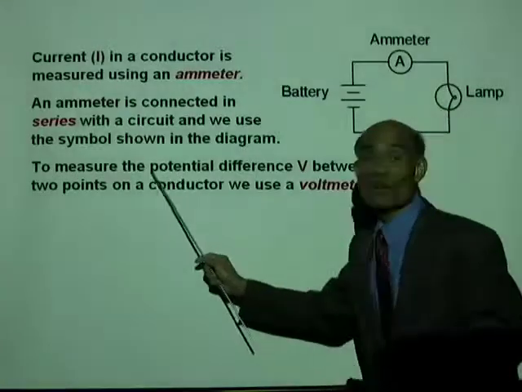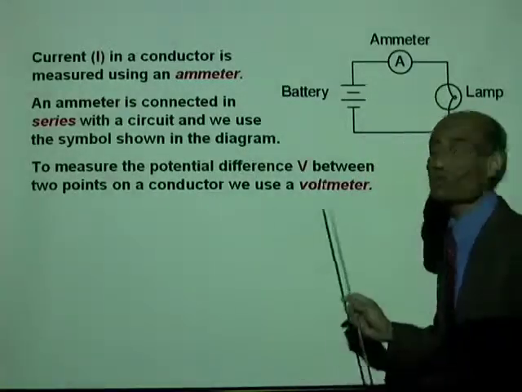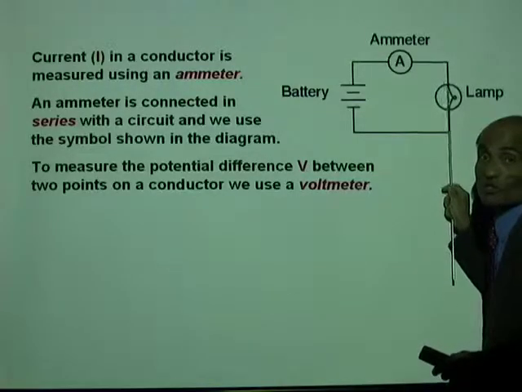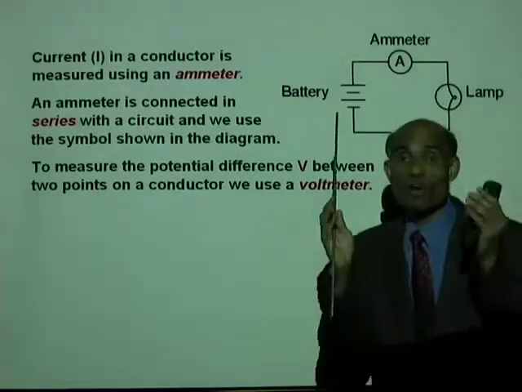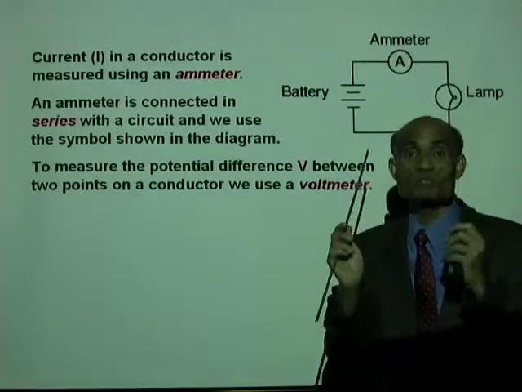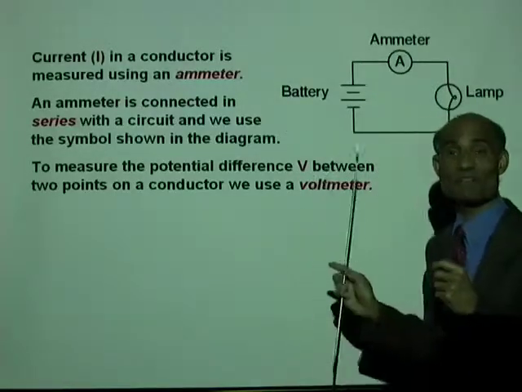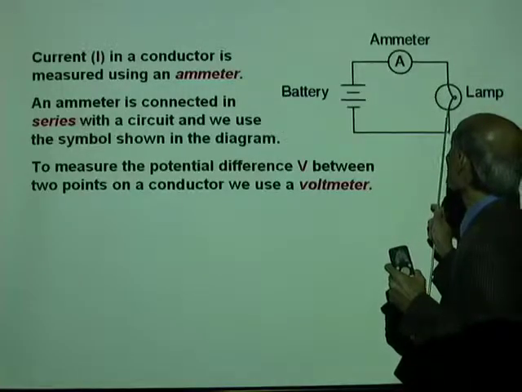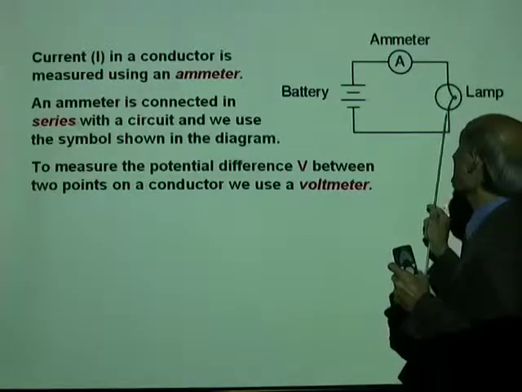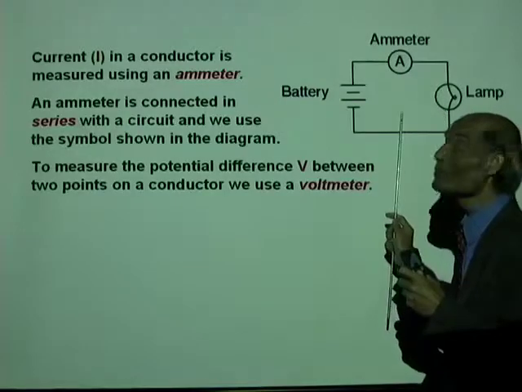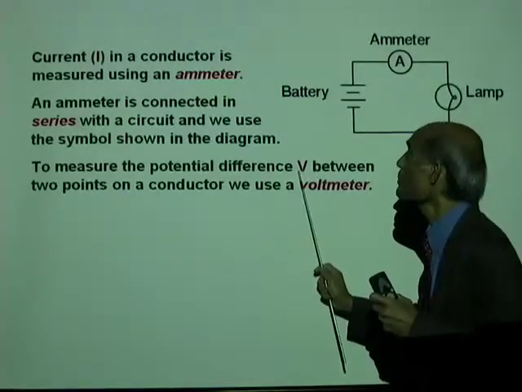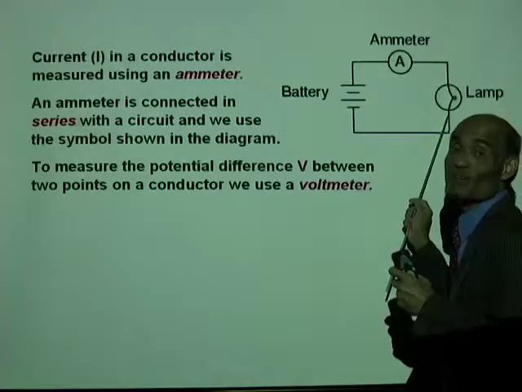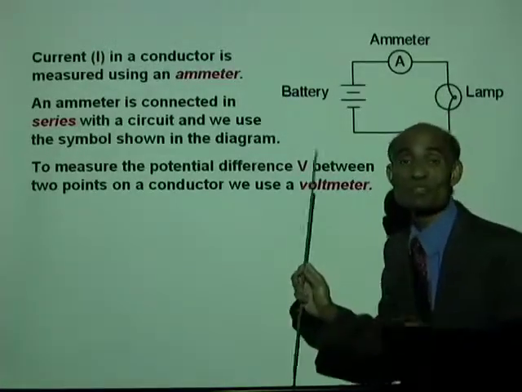Well, in order to measure the potential difference, you see, this is the resistor we have. The current in the resistor is because there is a potential difference between the ends of the conductor. Now what we need to do is measure the potential difference between the ends of the conductor. So what do we do? We connect a voltmeter between those 2 points where you want to measure the potential difference.